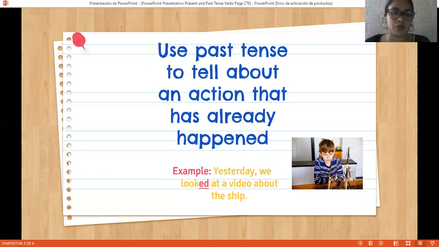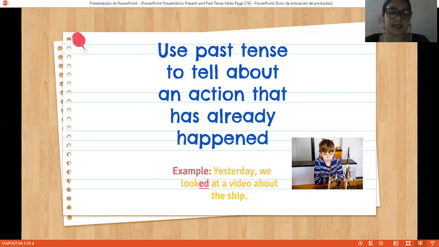The word itself says it, it's the past. So it's something that already happened, like it says in the rule. In this example they're giving us, yesterday we looked at a video about the ship. That's the same example we see in the book.